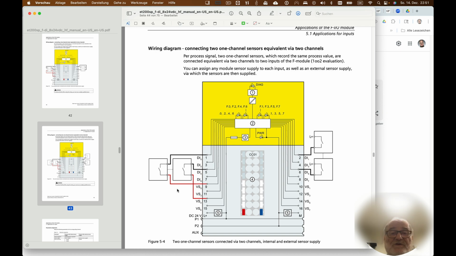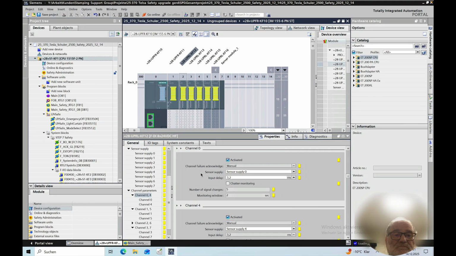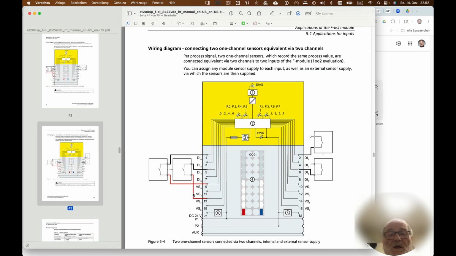As for the wiring diagram, you can see channel 1 will go to input 0, and channel 2 will go to input 4. This is the first channel, input 0 and 4.